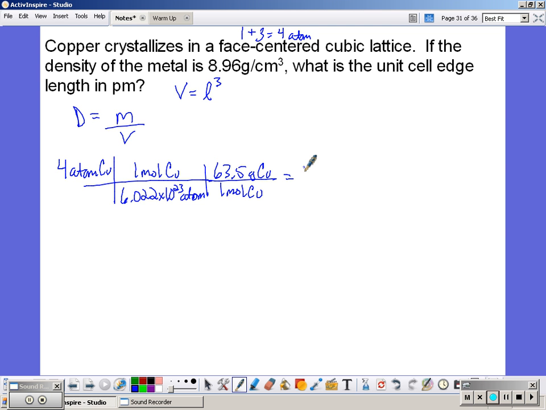So we have a mass of 4.22 times 10 to the negative 22nd grams. So using my density formula, the volume would equal my mass divided by my density.